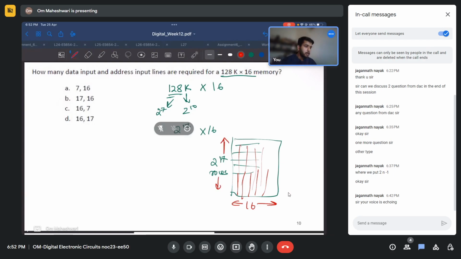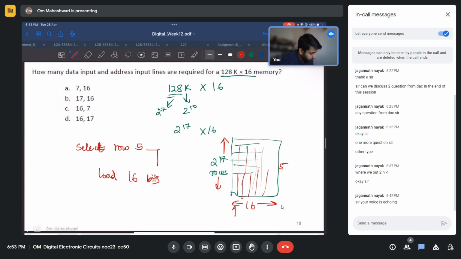So how would you load the data in this memory? Let's say you want to load in row number 5. First you will select row 5, then load 16 bits.